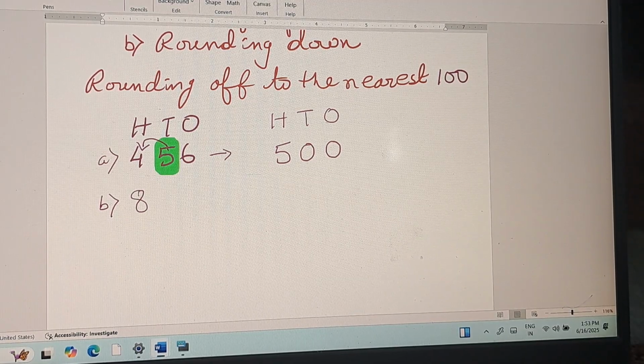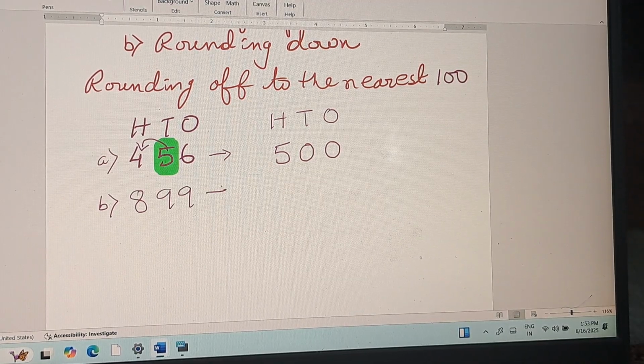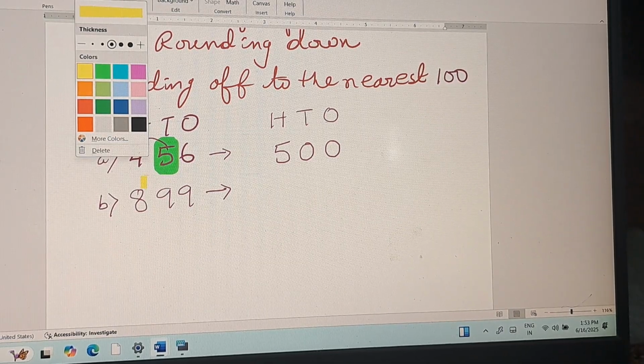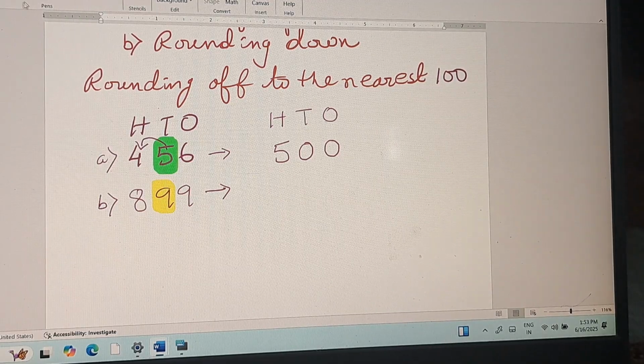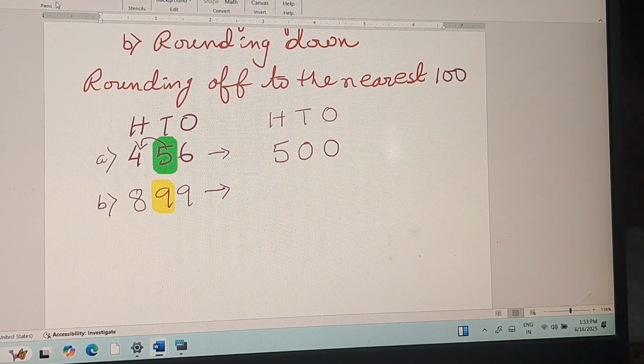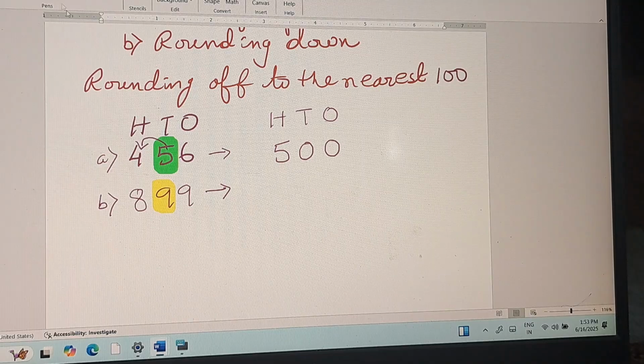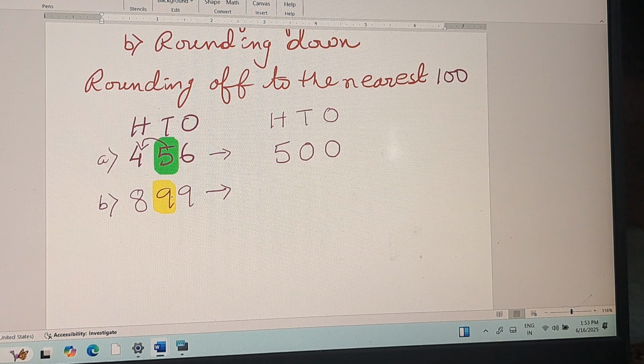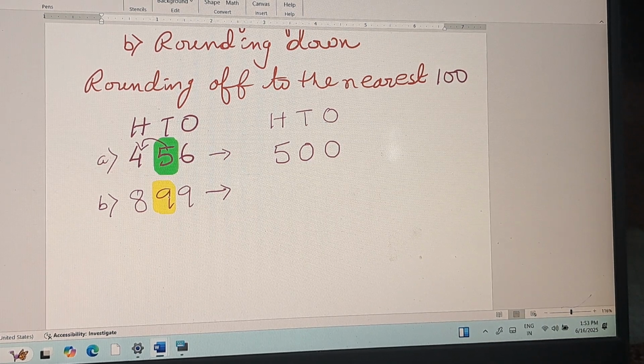Let us take one more example, that is 899. So which place do we have to check? Obviously we have to check the tens place, because we are going with rounding off to the nearest 100. So what we can see over here, in the tens place the value is more than 5, that is 9.